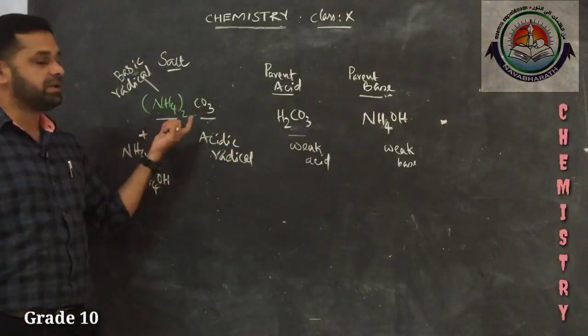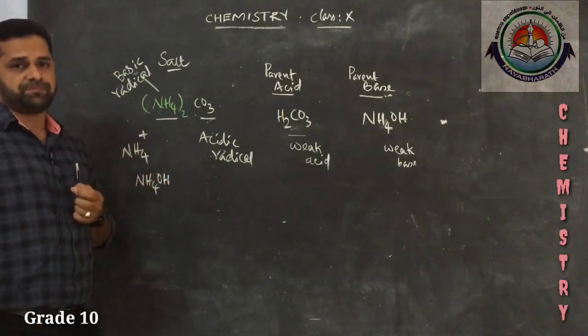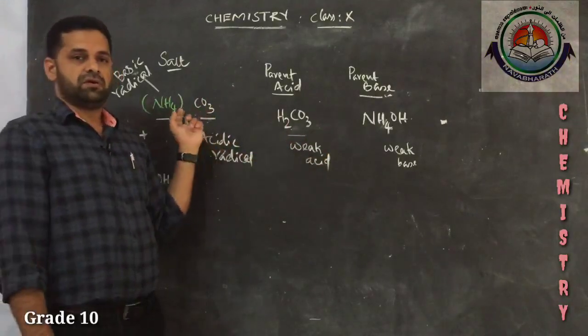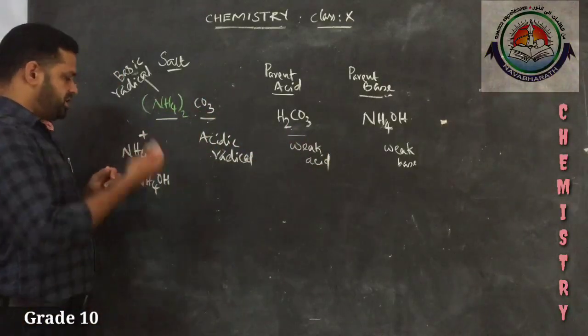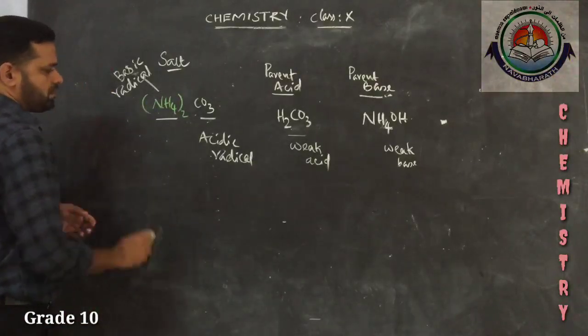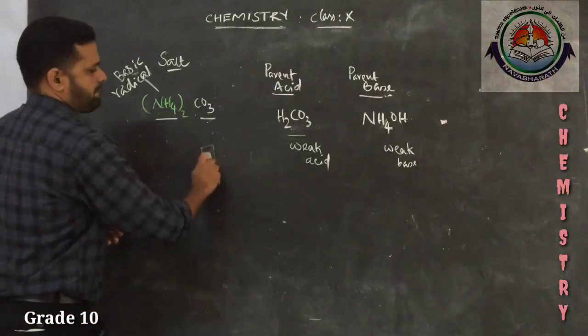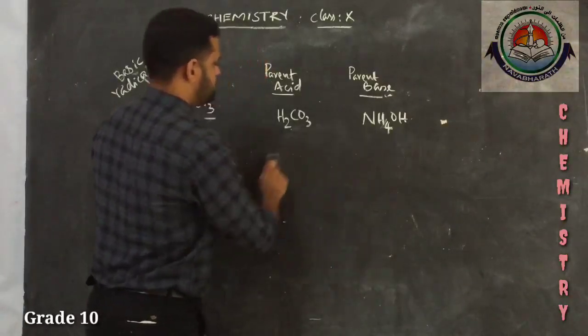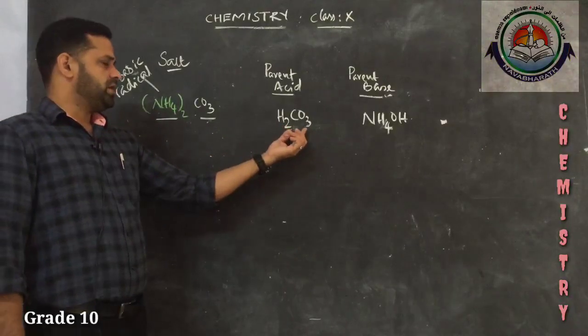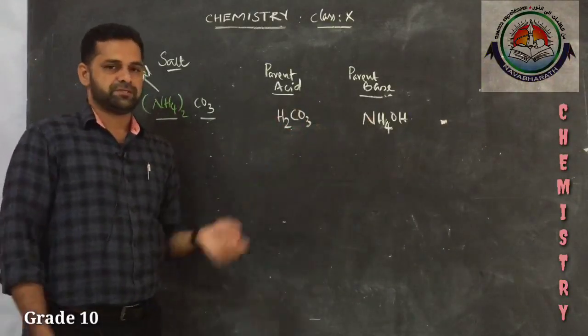So ammonium carbonate is a neutral salt. Weak acid and weak base form neutral salt. So ammonium carbonate is a neutral salt because it is formed from a weak acid and weak base.